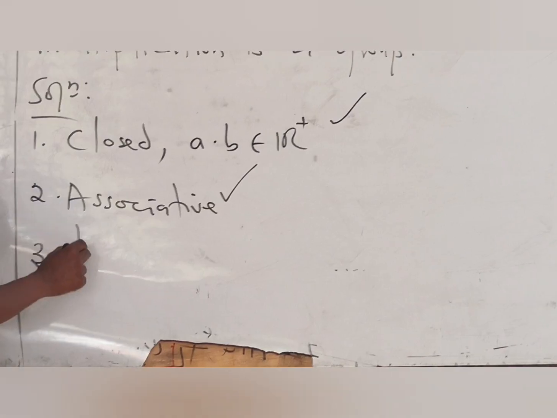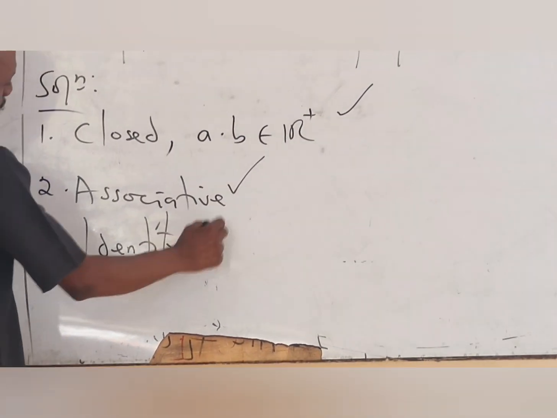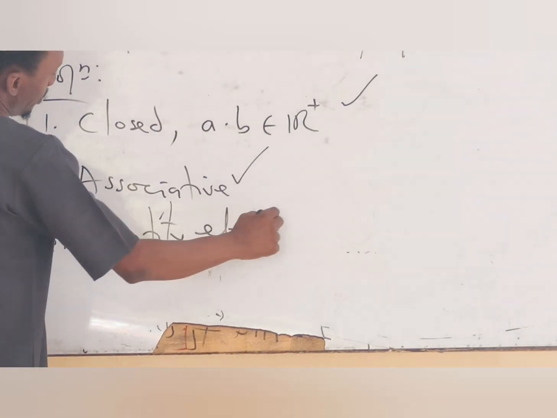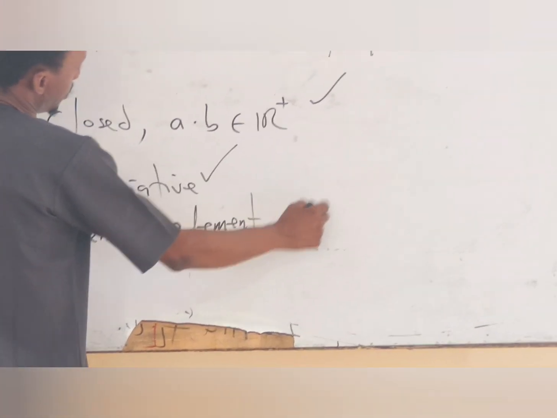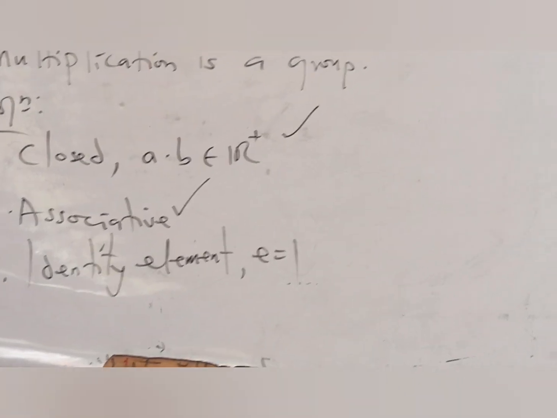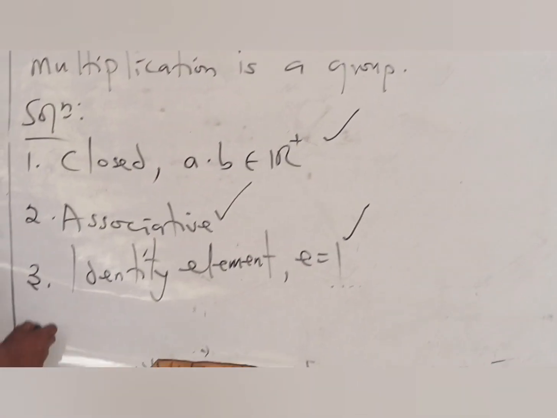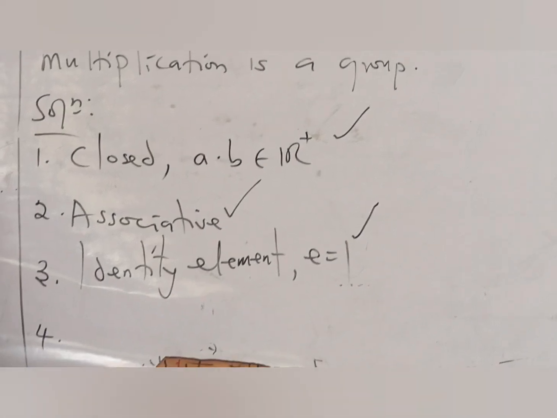Three. Does it have an identity element? What is the identity element? The identity element is 1. So we have an identity element. Does every element have an inverse?